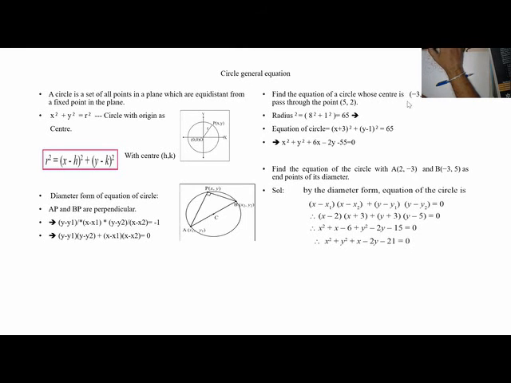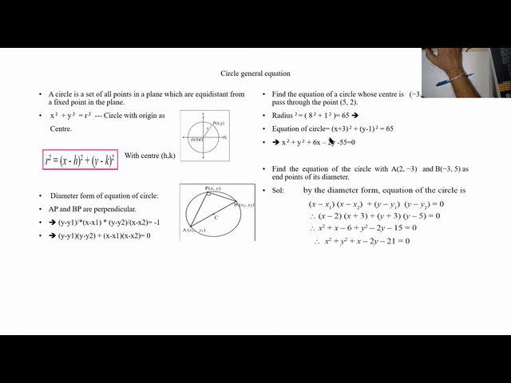So let us see an example to understand these two formulas. We have a center here and the circle passes through a point (5, 2). There is a point (5, 2) and we have a center. So what is the radius? The distance between these two points: 5 minus minus 3 is plus 8, square, plus 2 minus 1 is 1. So 8 square plus 1 square, that is radius square, is 65. So what is the equation of the circle? (x minus h) whole square plus (y minus k) whole square is r square.